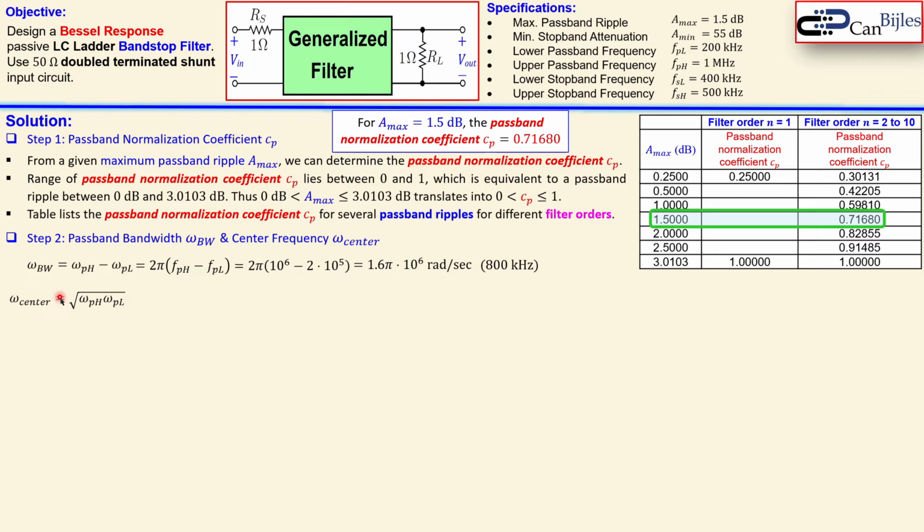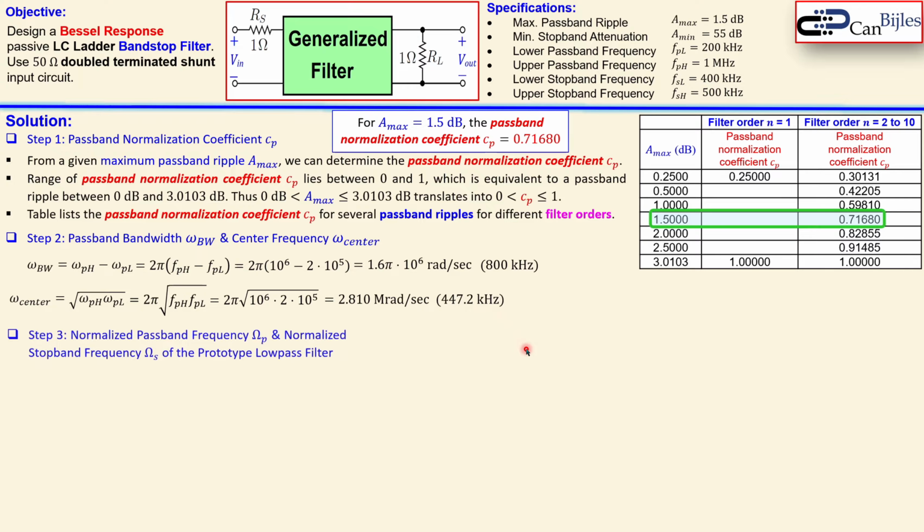The center frequency is again the geometric mean between the upper and the lower passband frequency, also written in this format. You can calculate now the given values. It will be 2.81 mega radians per second, or approximately 447.2 kHz.